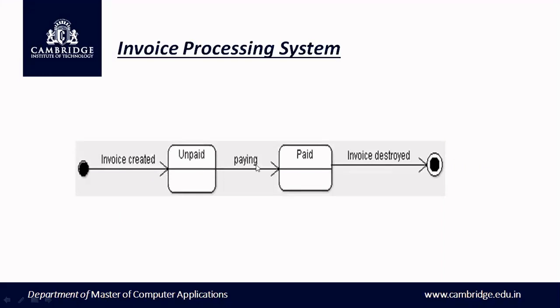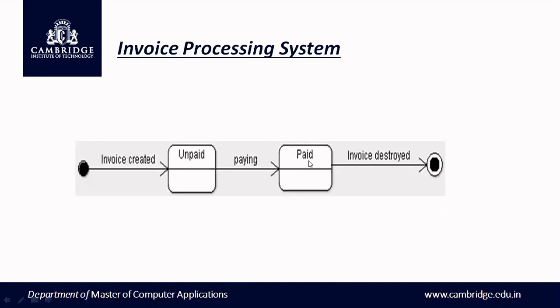Now the payment takes place. During this payment, the transition takes place from the unpaid state to the paid state, and the event here is paying. Once this paying event is complete, the system makes a transition to the paid state.